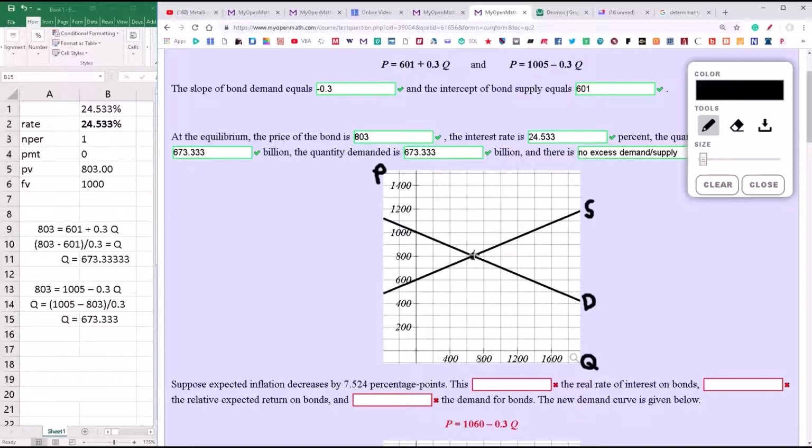The equilibrium, maybe I'll do the equilibrium point. And the price.